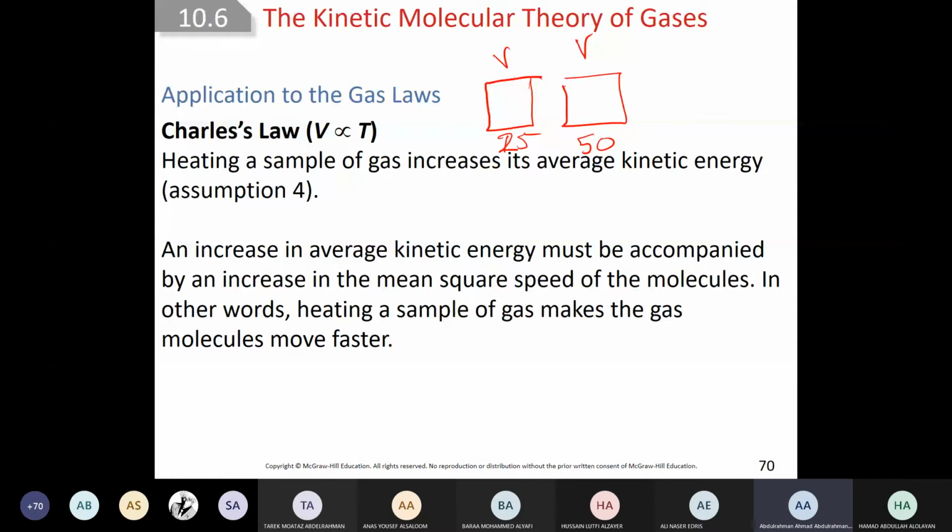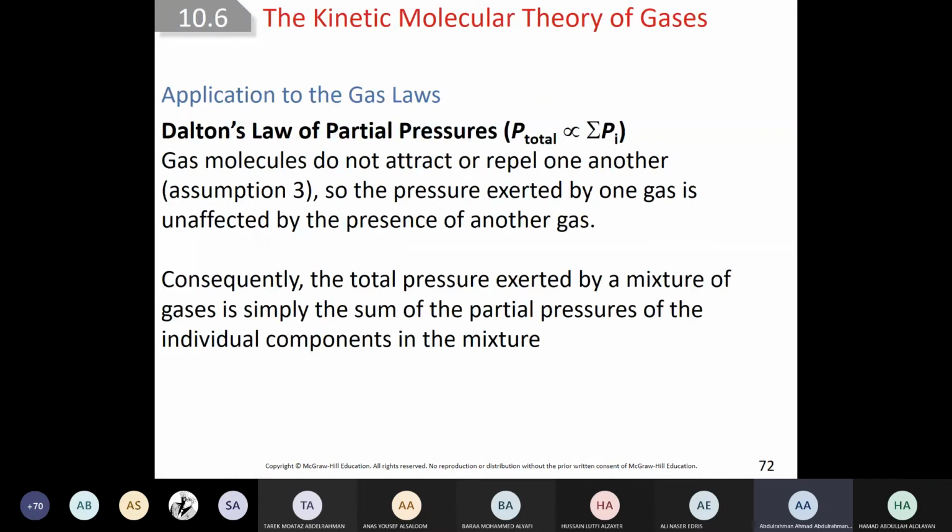Why? Explain it from kinetic motion. It will have more speed, more velocity, and as a result it will hit the wall more quickly than the slow one. Is this clear? Good.